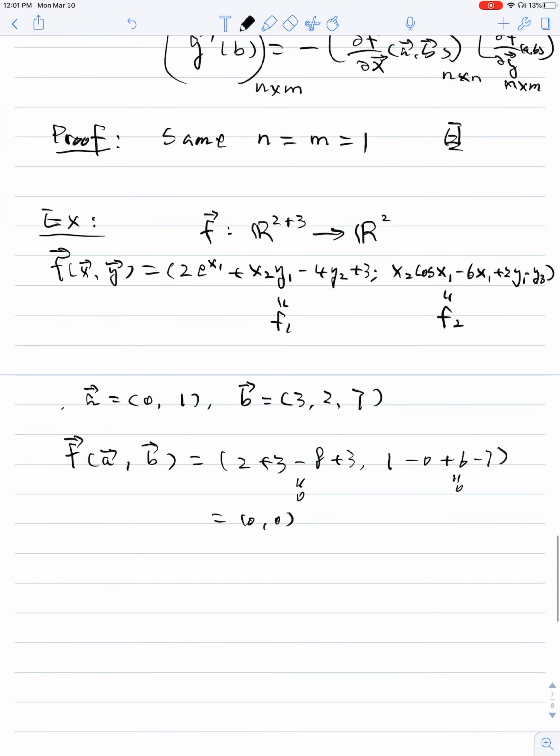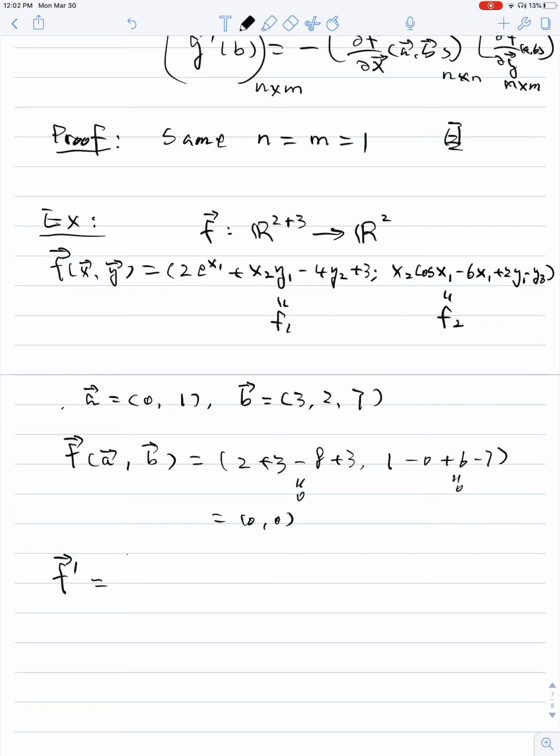So this maps to the point (0, 0). All right, and then we look at the partial derivatives, the total derivative of f. Let me just, so this would be a huge matrix.